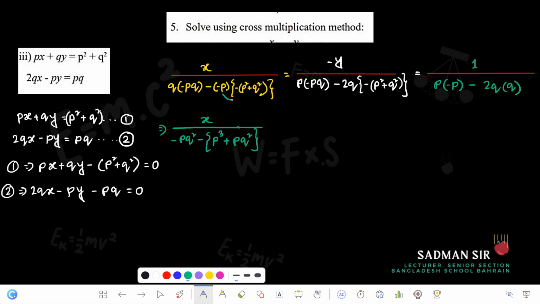Okay, remember p will be multiplied with p square first, then p will be multiplied with q square first, and this minus and this minus, if you multiply, it will become plus. So only this minus will be remaining here.